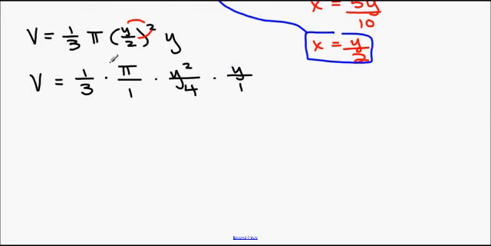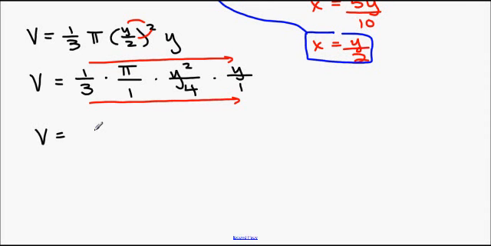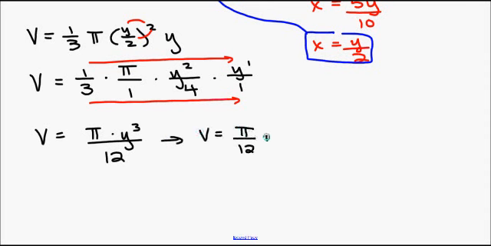Multiplying across the top and across the bottom, I get V equals pi times y cubed, because I added the exponents, over 12. This is the same as V equals pi over 12, my constant, times y cubed.